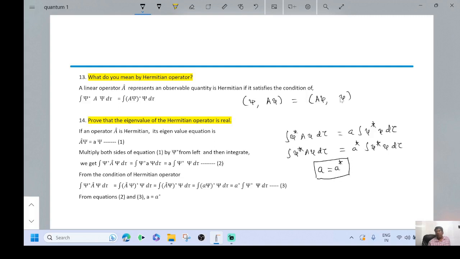Eigenvalues are real numbers. If a equals 5, then a star is also 5. Suppose a equals 5i, the value of a star is minus 5i. Here a is not equal to a star. So if the eigenvalue is imaginary, we can't say a equals a star. But if the eigenvalue is real, we can say a equals a star. Therefore, this condition is satisfied and this is not satisfied. All the eigenvalues are real as far as the Hermitian operator is concerned.